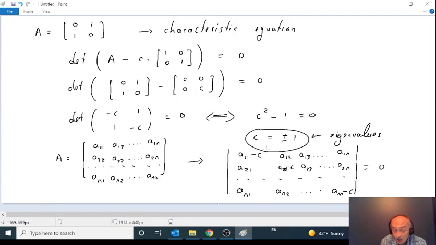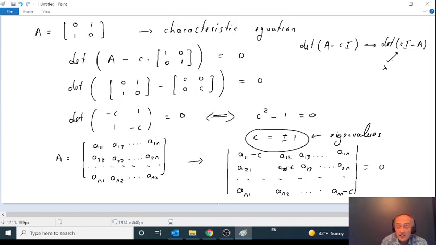Notice, and I'm going to close the video here, that in the book they do things slightly differently. Instead of A minus CI, like we said here, they will say the other way: the determinant of CI minus A. And also in the book, instead of the constant C, they use the constant lambda.